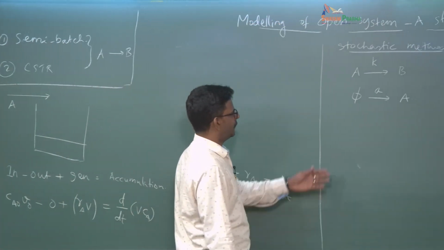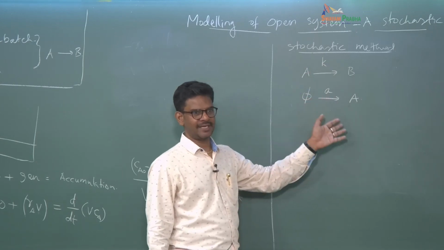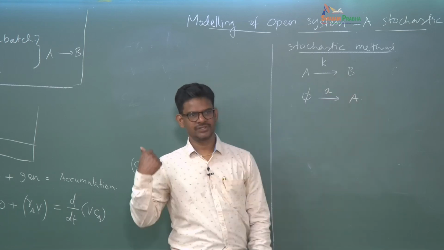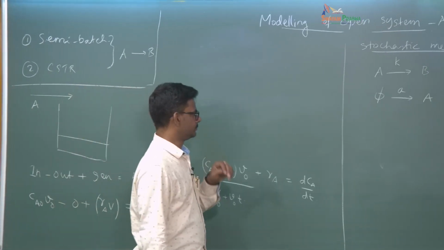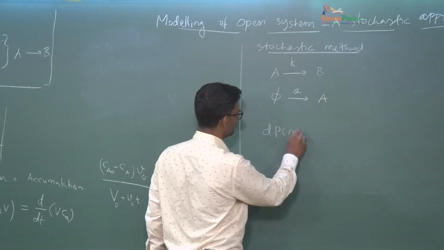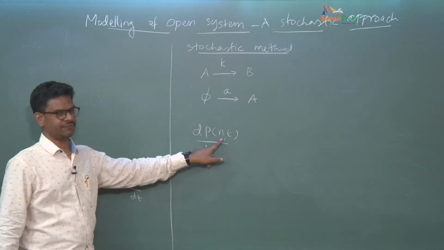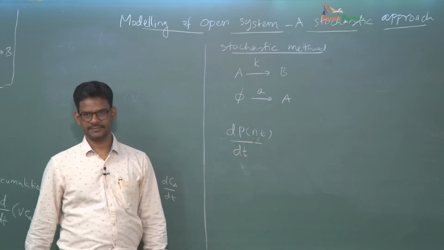So then we have to basically handle these set of equations, and the chemical master equation that represents this scheme will actually model the semi-batch reaction system. So we write dPn. We are asking what's the probability of finding n number of A molecules at time t in a reactor.